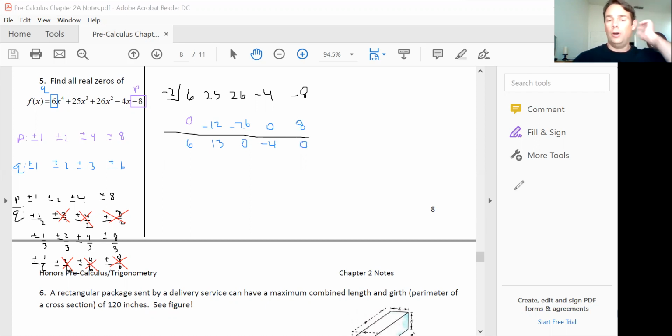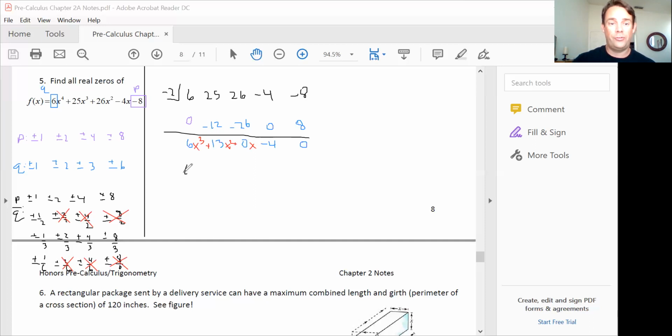So -2 works. That's good stuff. So I went from a fourth, a quartic, down to a cubic. That was an x squared plus 0x. We leave that. So that'll be the numbers I use for my next one.